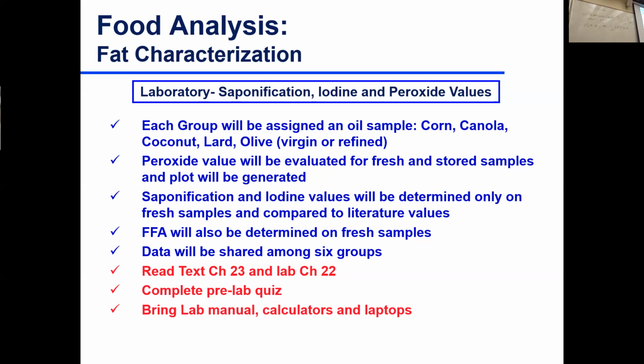Oh, the raw data is your spectrum. The spectrum. The structure sheet? Yeah. Oh, okay.